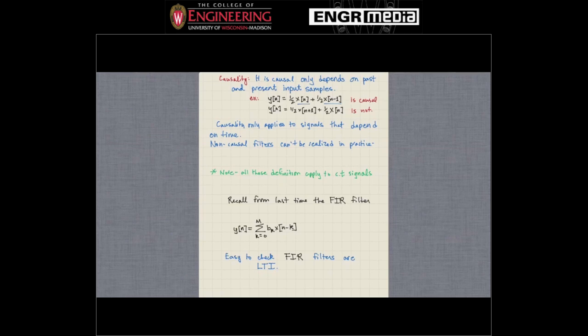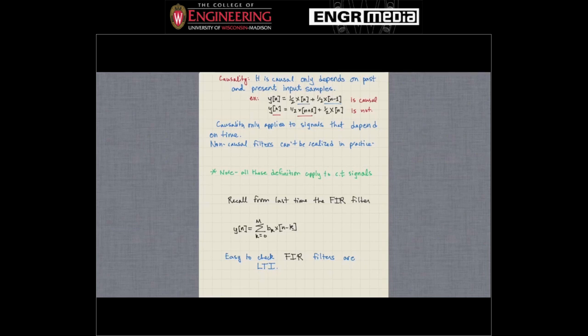Now, the second filter depends on x of n plus 1, right? So say at time 0, n equals 0, the output depends on the input at time 1. So when you think of a practical system, this means that the sample may not have arrived at the filter yet. So we'd say that filter is non-causal.